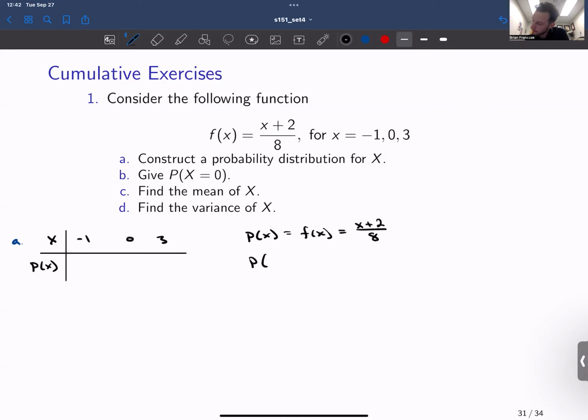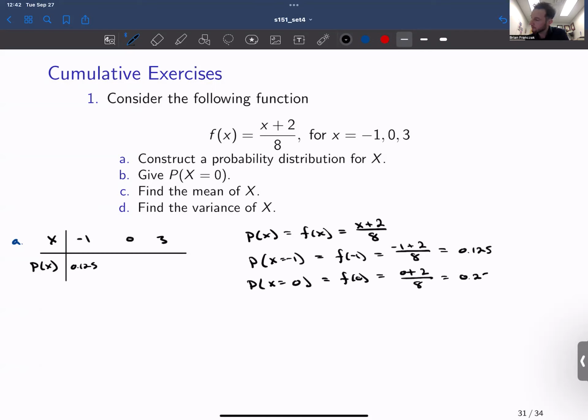So the probability x equals negative 1 is equal to f of negative 1, which is negative 1 plus 2 over 8, which is 0.125. The probability x equals 0 is equal to f of 0, which is 0 plus 2 over 8, which is 0.25.